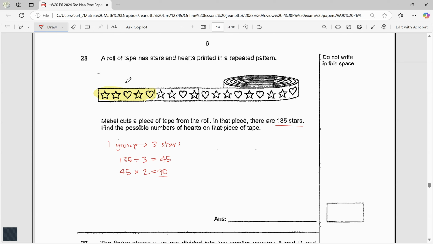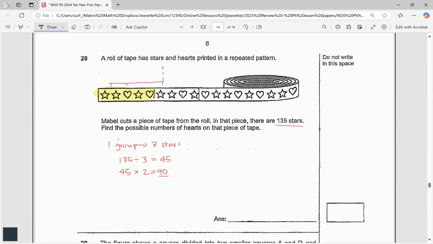So let's say it starts from here. If that is one group, you end off with 135 stars, so you cannot add any more stars. 135 stars doesn't mean that there's exactly 45 groups.